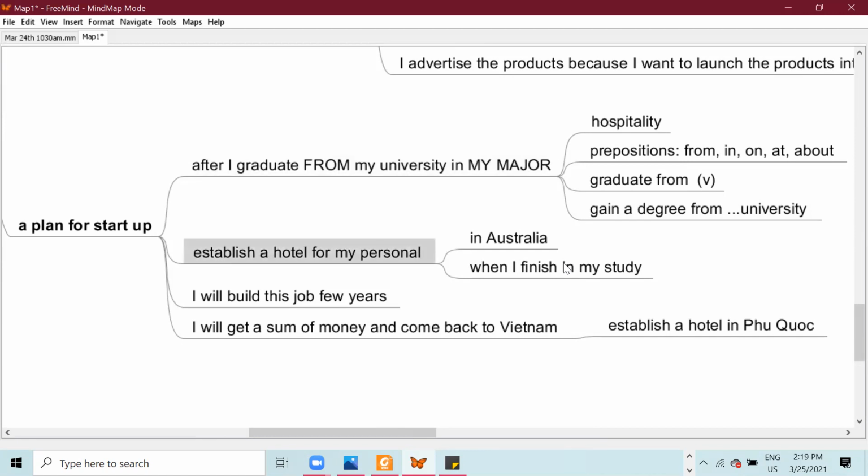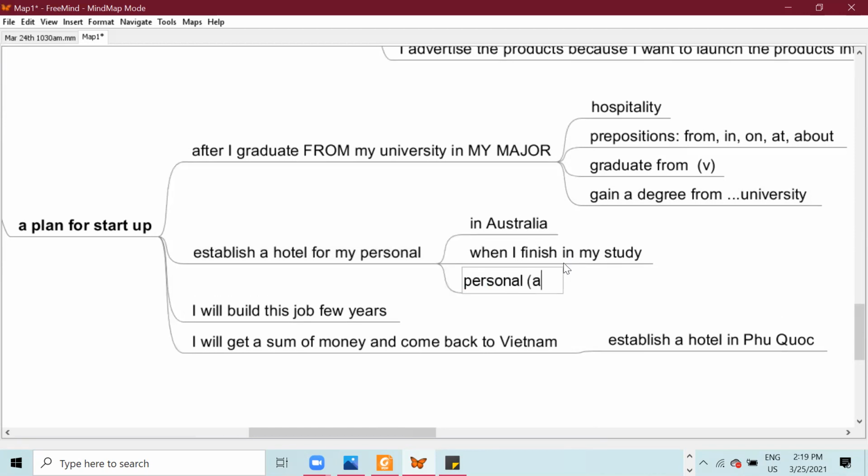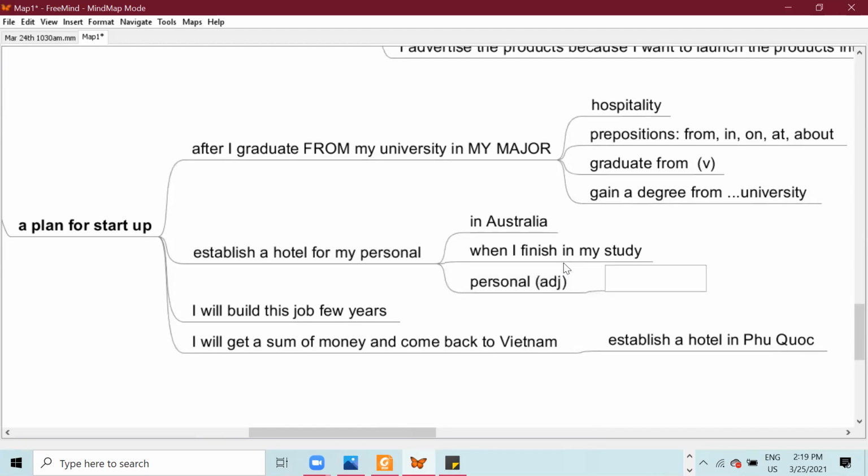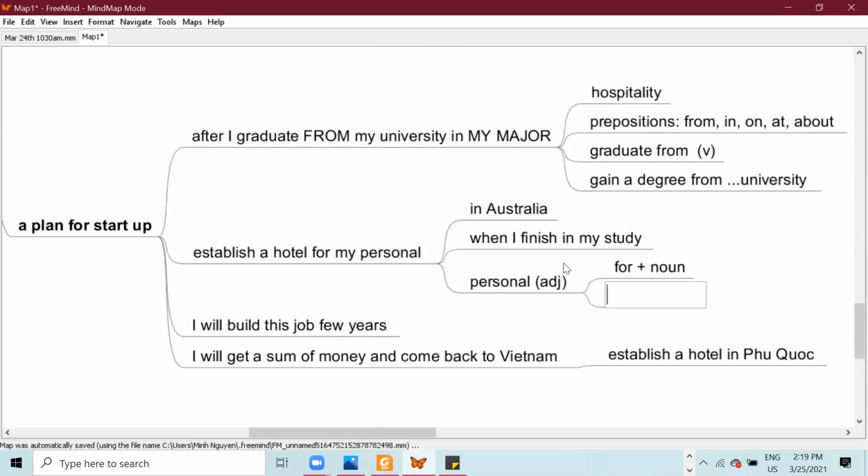So after that you say I want to establish a hotel for my personal. You have the word personal. Personal is an adjective, so before we need to use the noun. So here I need to say I want to establish a hotel for myself or for me. Okay, for me is the right way.